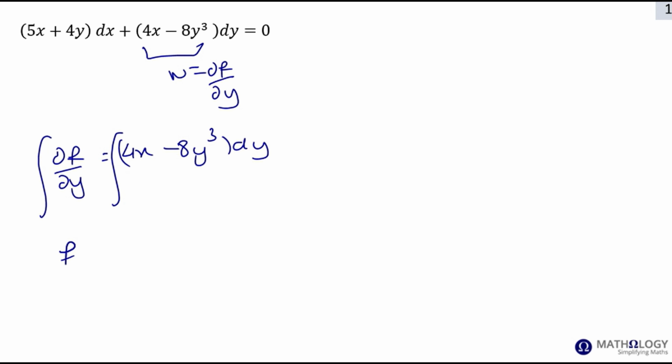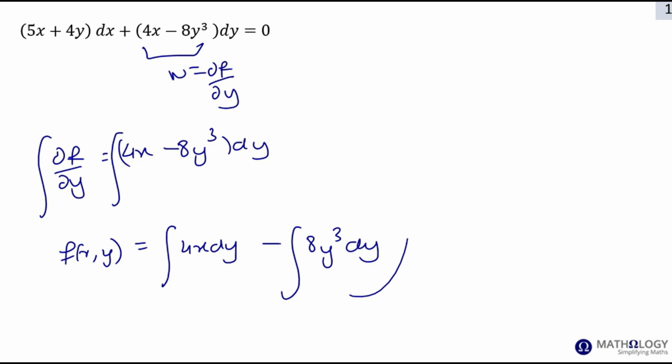So on the left we'll have the function itself, f of x, y equals, again we're going to split this up into two integrals. So the integral of 4x dy minus the integral of 8y cubed dy, just coming back up here.